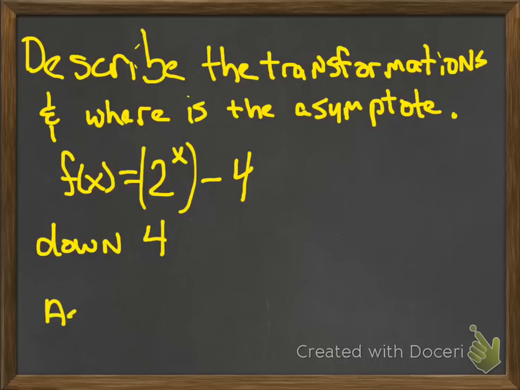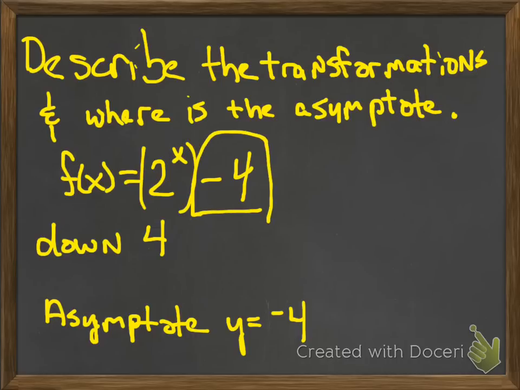Since I'm moving down 4, that means I'm also moving the asymptote down 4. So the asymptote is located at y equals negative 4, because to go from 0 down 4, you'll end up at negative 4. So keep that in mind. Anytime you move up or down, your asymptote should be at y equals k. Keep that in mind.